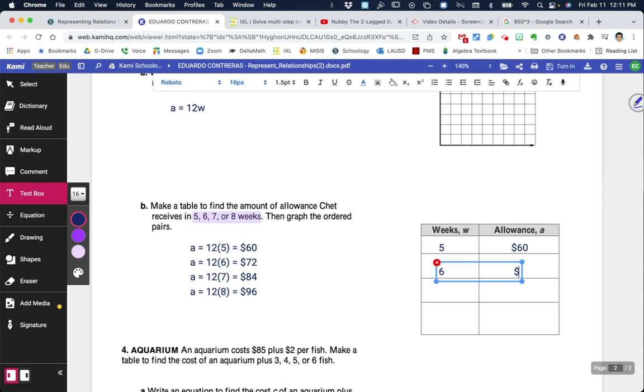I don't think this will line up perfectly, but that's okay. 7 weeks, $84. And we'll end it up with 8 weeks.